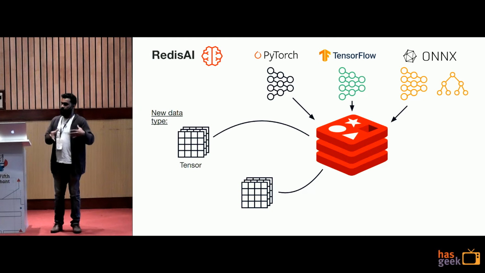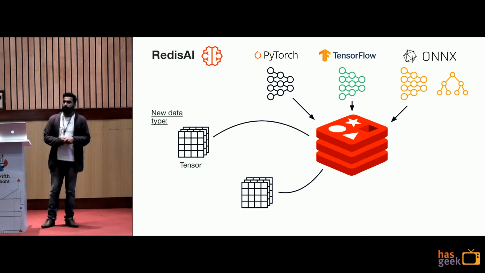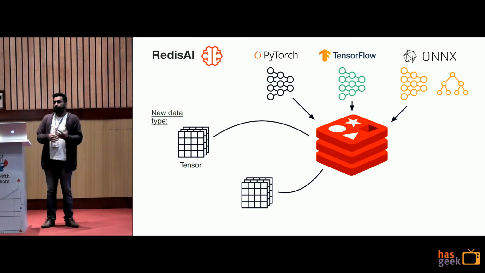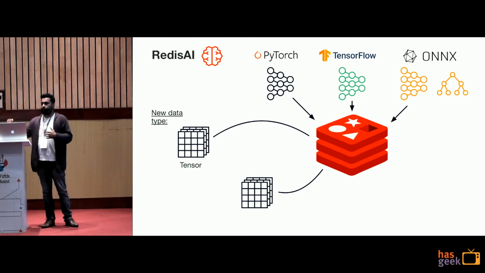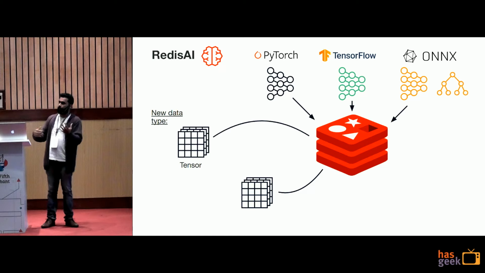But since your stack is only on, let's say, TensorFlow, you either have to convert your model to TensorFlow or rewrite the whole thing and retrain it. If you take the risk and use that pre-trained model that you have got, you end up having to manage multiple frameworks and multiple ways of deploying it.